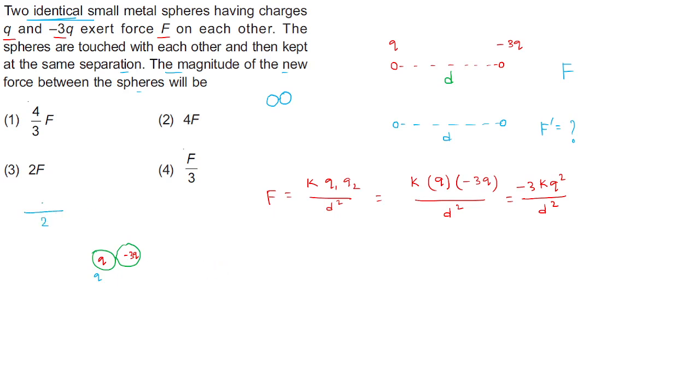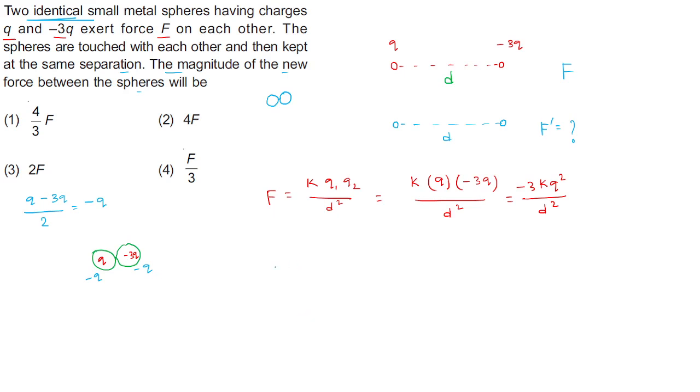Half of the total charge. What was the total charge? Plus q minus 3q, that is minus 2q, so minus q charge will be there on each sphere.